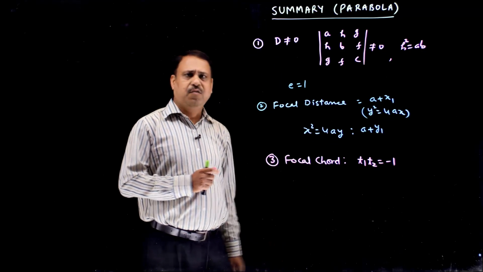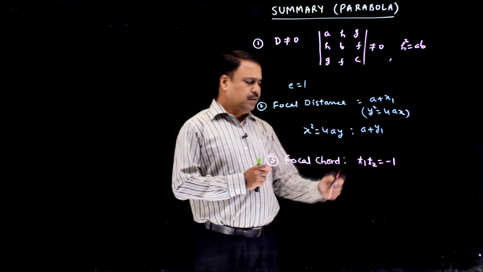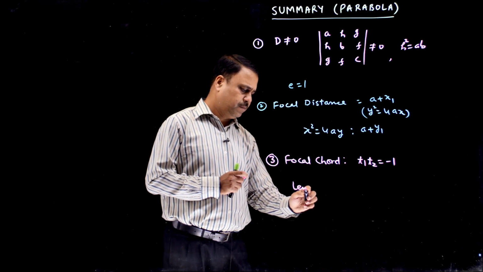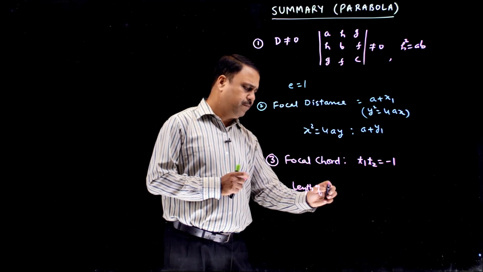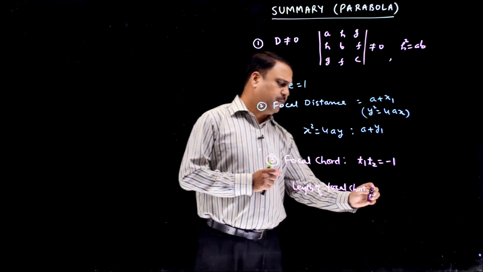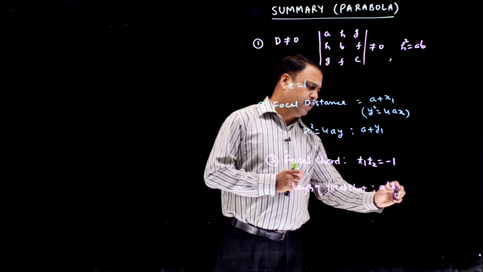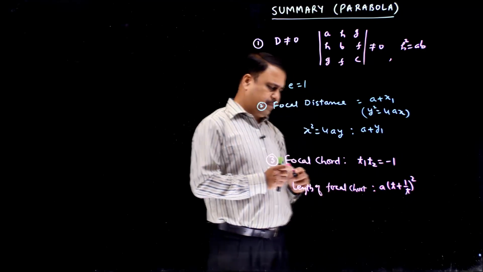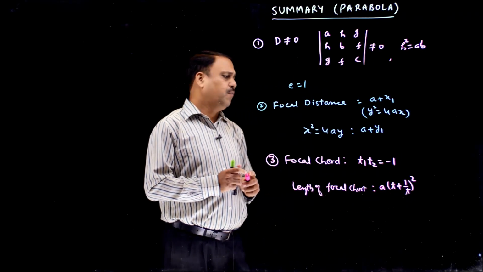Then it is a focal chord. Second concept is length of focal chord. Length of focal chord is given by a times (t plus 1 upon t) whole square.